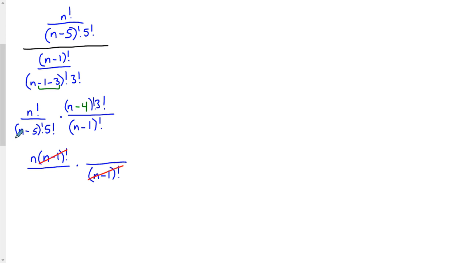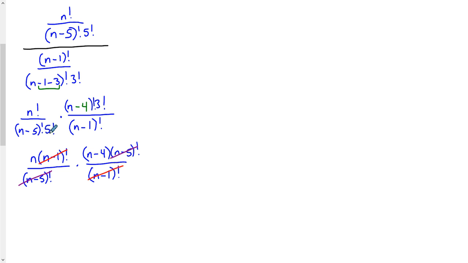If we compare an n subtract 5 and an n subtract 4, our bigger number would be that n subtract 4. So 1 less than n subtract 4 would just be n subtract 5. And that's exactly what we're going to try and cancel off there. So we have the n subtract 5, and those ones are going to cancel off.